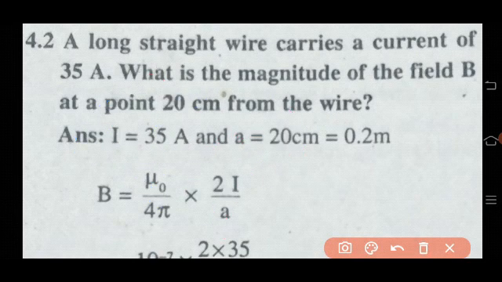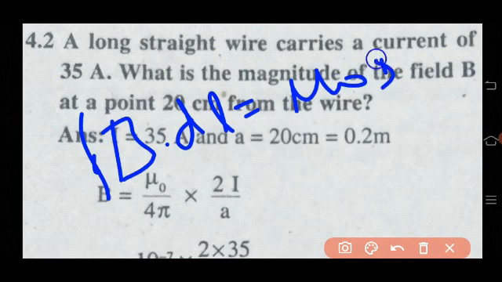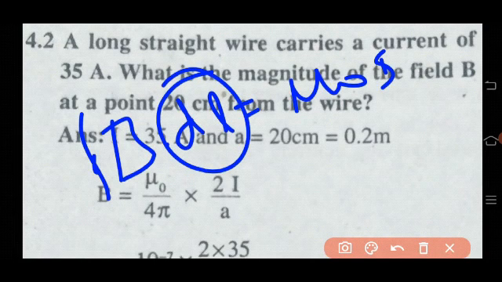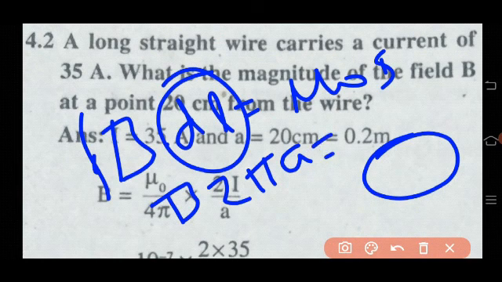According to Ampere's circuital law, the integral of B dot dl equals mu naught I. The total length is the circumference, so you will get B into 2 pi A equal to mu naught I. So B equal to mu naught I by 2 pi A.